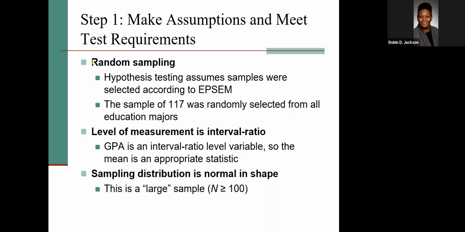The first one is that random sampling has taken place. You also have to look at the level of measurement and make sure that it's interval-ratio. And the third assumption is that the sampling distribution is normal in shape.